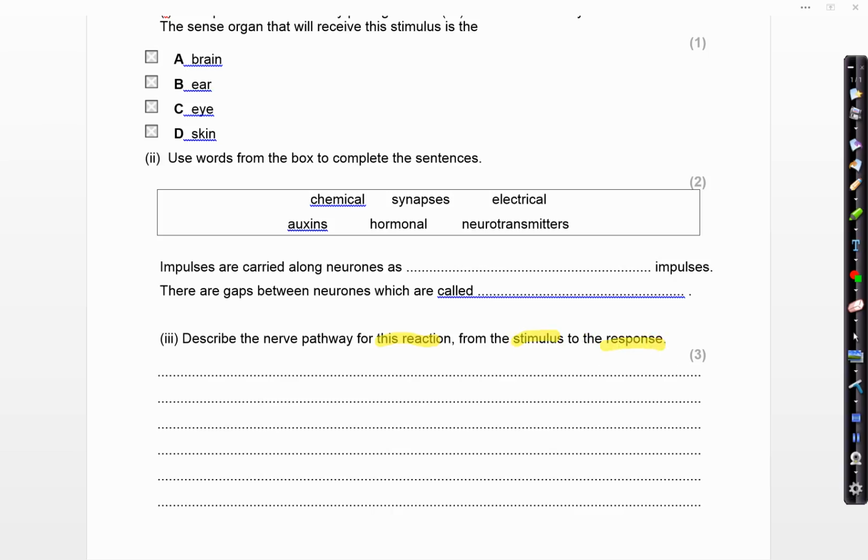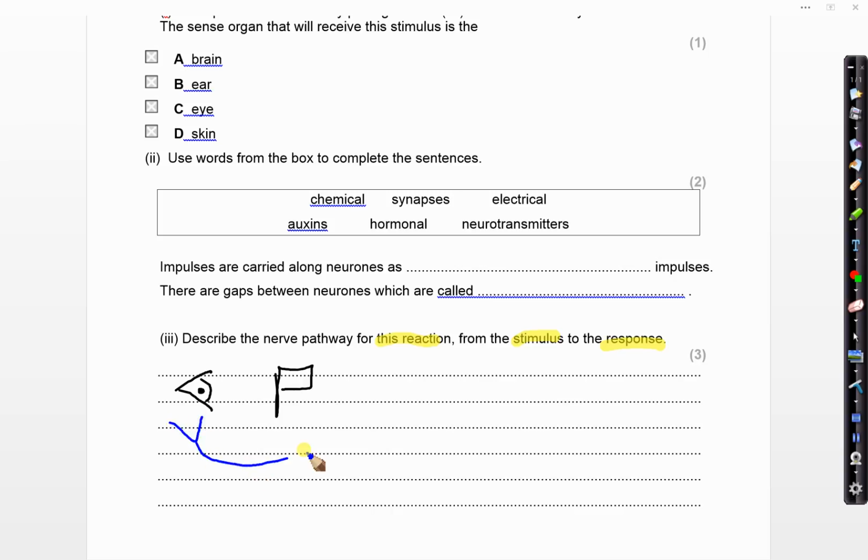Now rather than write the answer, I'm going to draw the answer and help explain what actually happens. So obviously we've got somebody seeing the flag being dropped here. So that's the stimulus.